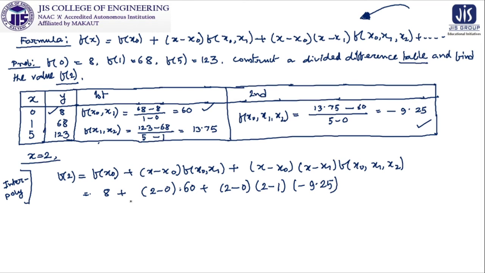After simplifying this, we get the value 109.50. So this is the required value of f2 as per this table, as well as per the divided difference interpolation formula.